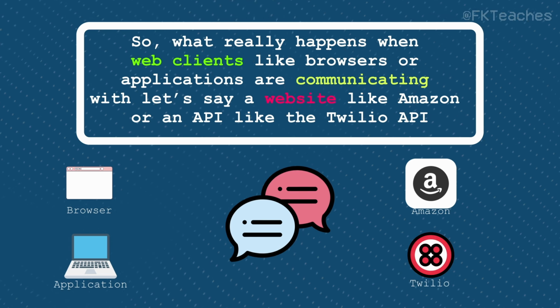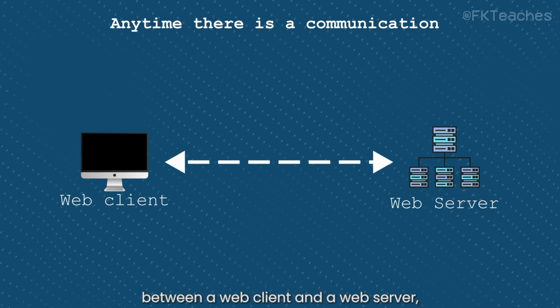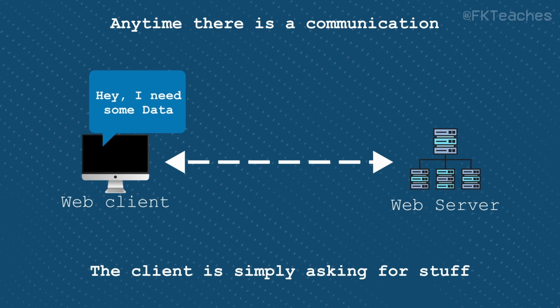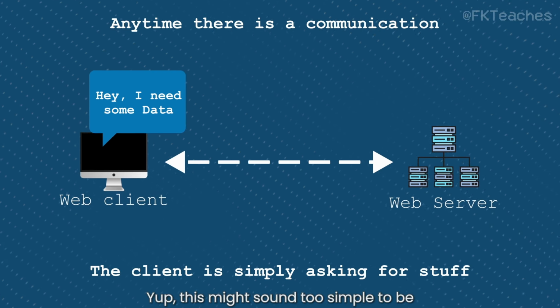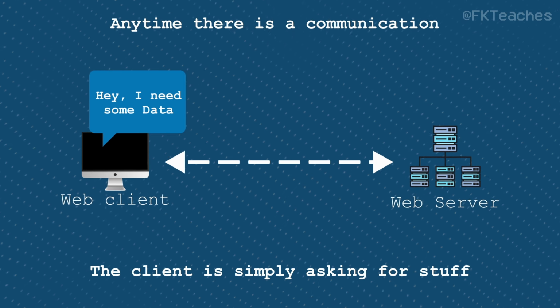What are they really talking about? You see, anytime there is a communication between a web client and a web server, the client is simply asking for stuff. Yup, this might sound too simple to be true, but trust me, that is all that is happening.